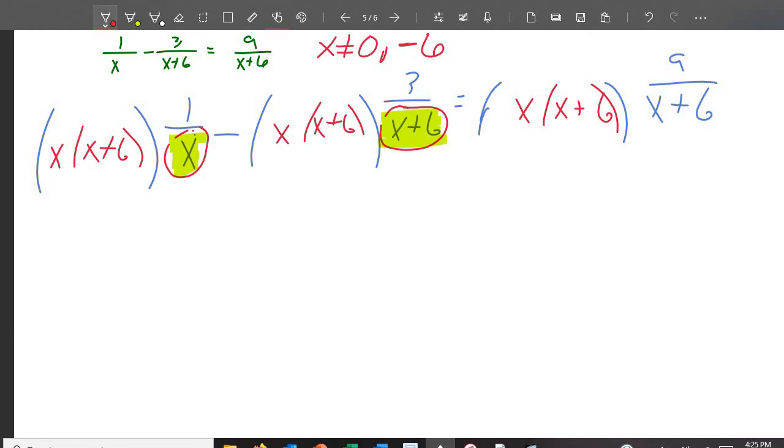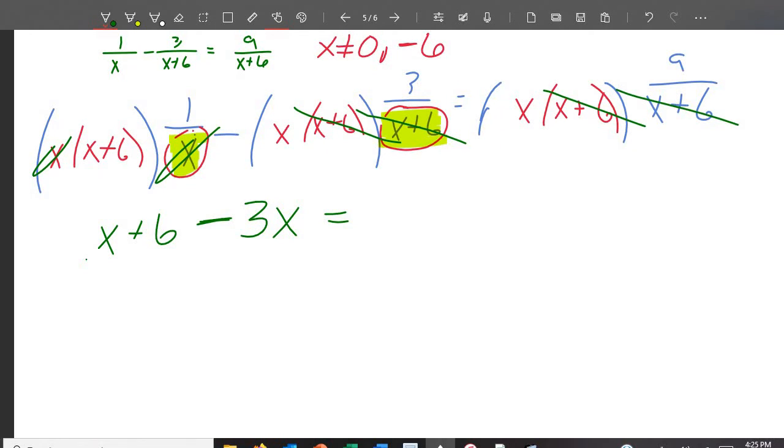Alright, we'll do this in green. This X takes out this single X, and we're left with an X plus 6. We got a minus sign. This 6X, X plus 6 takes out that X plus 6, and we're left with a 3X. This X plus 6 takes out this X plus 6, and we're left with a 9X.